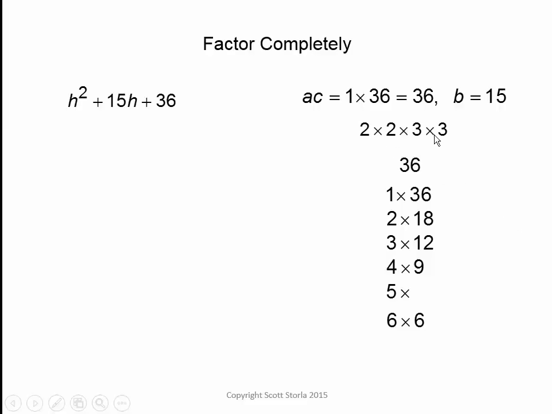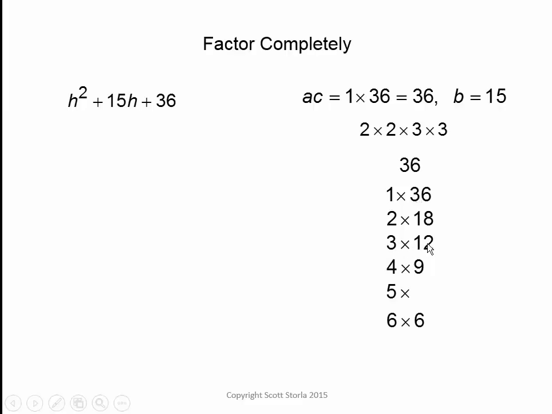The factor pairs for 36 are 1 times 36, 2 times 18, 9 and 2, 3 times 12, 4 and 3, 4 times 9, there's no factor of 5, and 6 times 6 will be the last pair I have to worry about. Next, I look through my pairs and try to find one which might add up to 15.